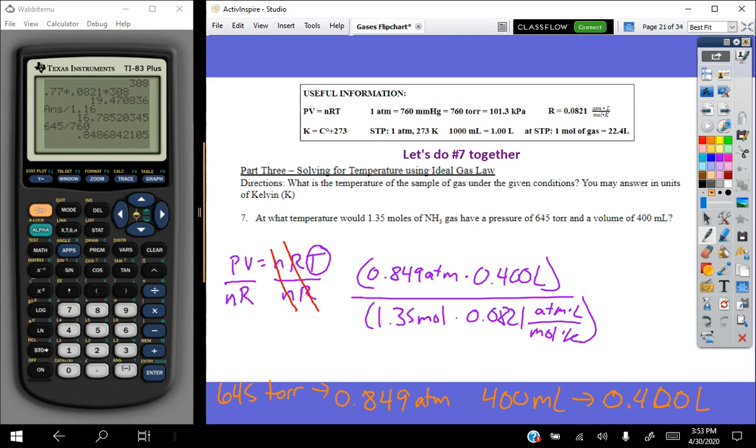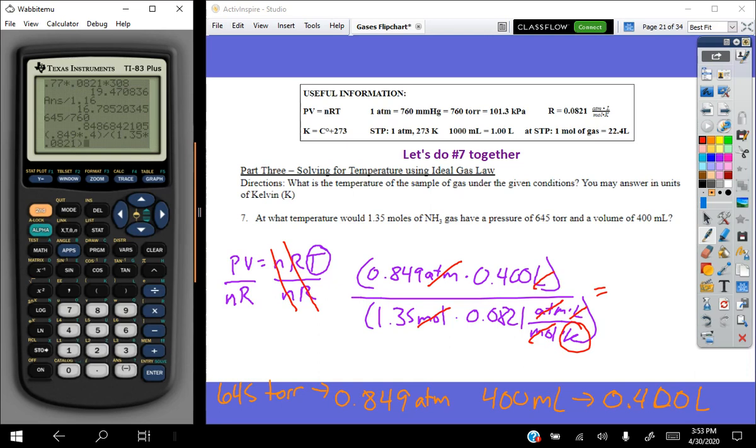That is a K there, I apologize. If we check our units, atmospheres is gone, liters is gone, moles is gone, and we'll be left in Kelvin for our final answer. All right, order of operations, open parentheses, 0.849 times 0.4, close parentheses, divided by open parentheses, 1.35 times 0.0821, close parentheses.